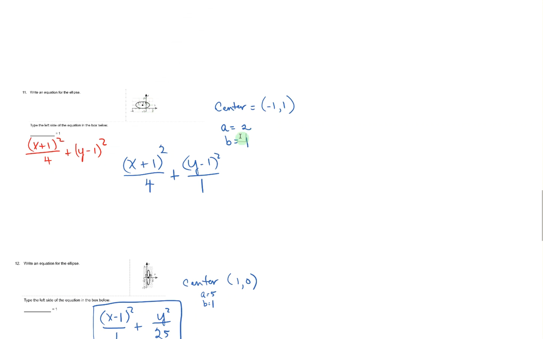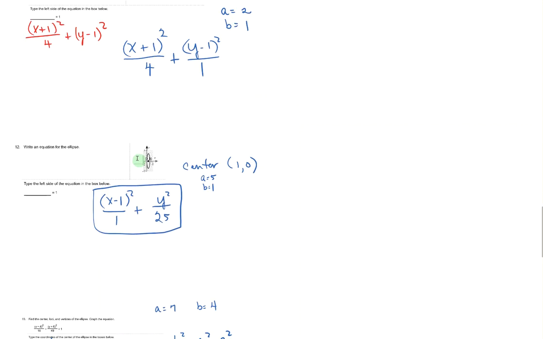So a is 2, b is 1. That's going to give you 4 and 1 on the bottom. It'll be x minus a negative 1, so that'll be (x plus 1) squared over 4 plus (y minus 1) squared over 1, and we don't have to put the 1 in our final answer. So you're really just using the picture to do that.